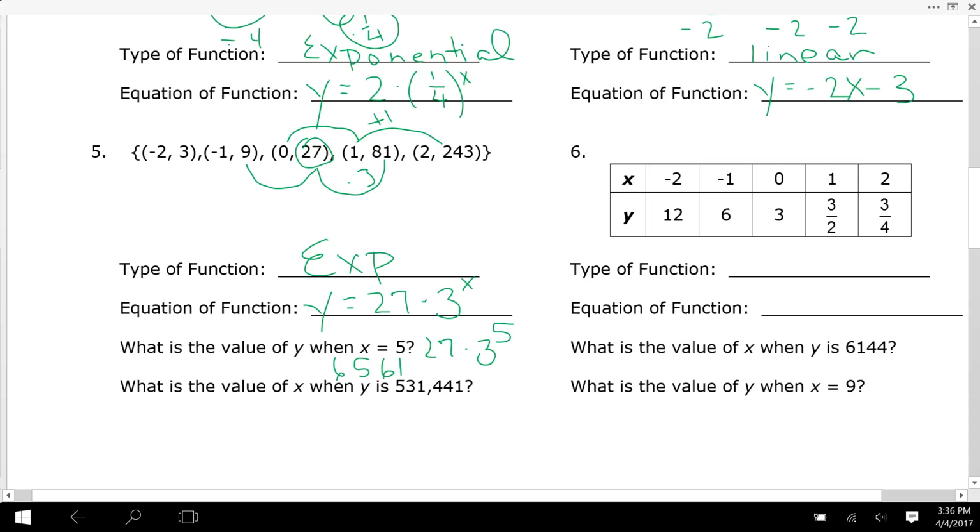And I'm going to put this into my calculator, and we'll do that in a second, and look for the y value of 531,441. Let's do number 6 real quick so we can look at the same time. Increasing by 1. Decreasing, divided by 2, or multiplying times 1/2.